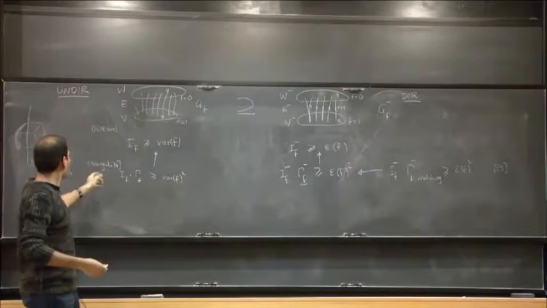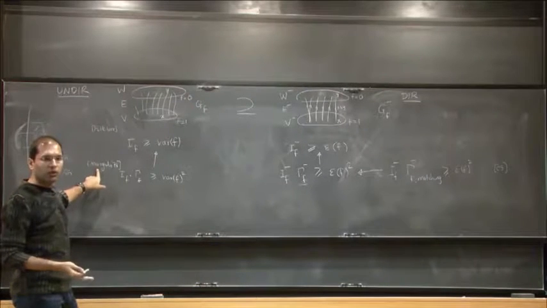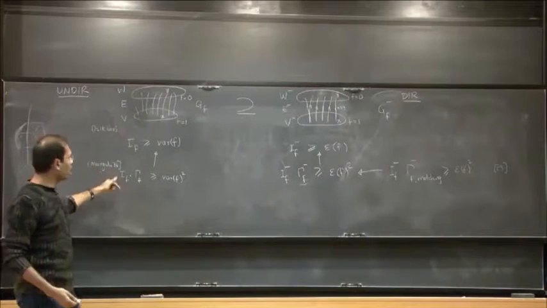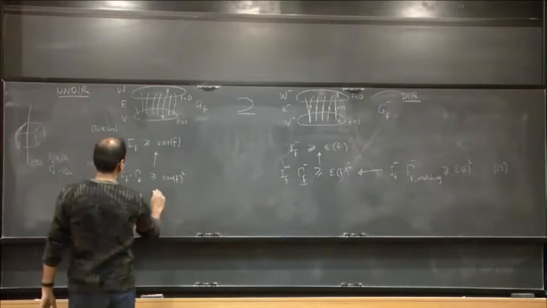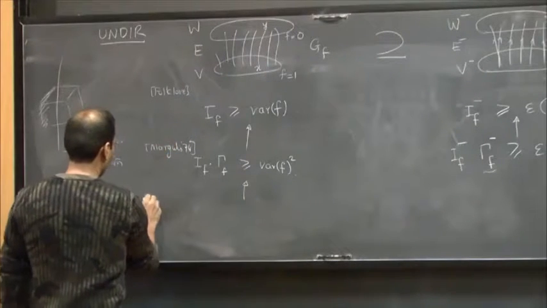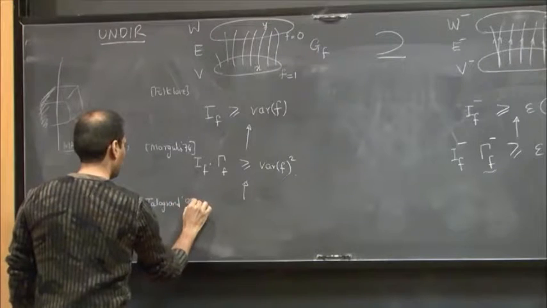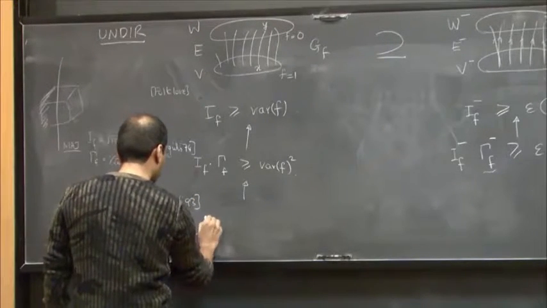You will find that the proof of Margulis which is available most immediately is actually a proof by Talagrand of an inequality which is even more general. So one is naturally led to the result of Talagrand, which says the following. I will write down the statement first.